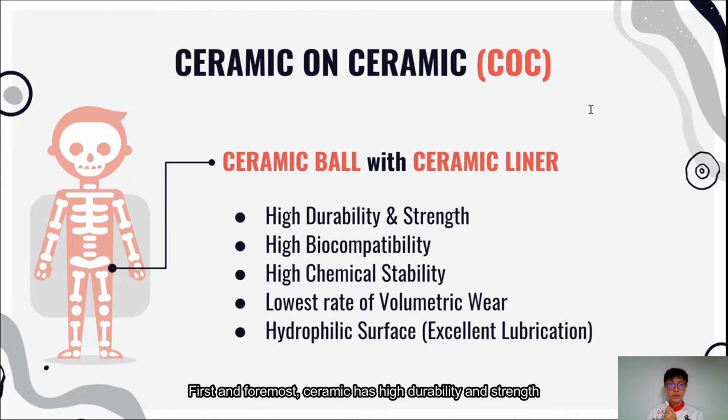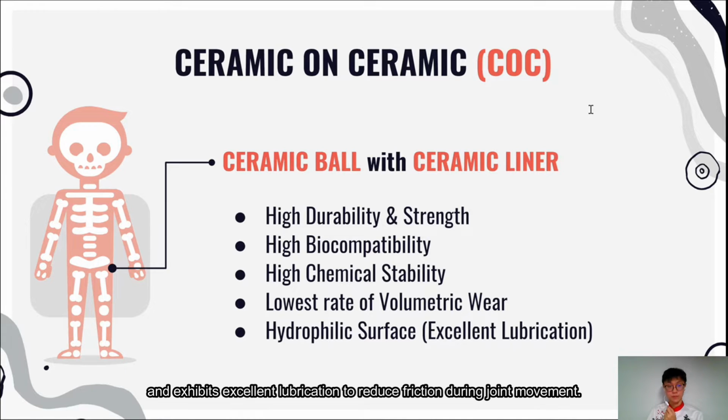First and foremost, ceramic has high durability and strength to meet the hip implant mechanical requirement. It also has excellent biocompatibility and chemical stability to be implanted into the human body. Besides, the COC design has the lowest rate of volumetric wear over the years and exhibits excellent lubrication to reduce friction during joint movement.